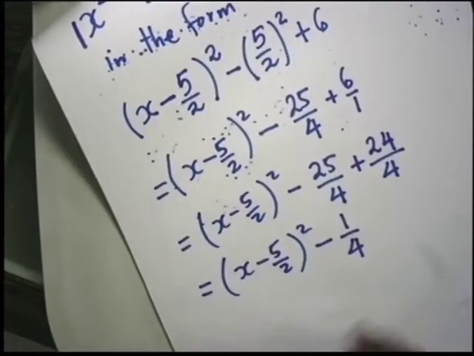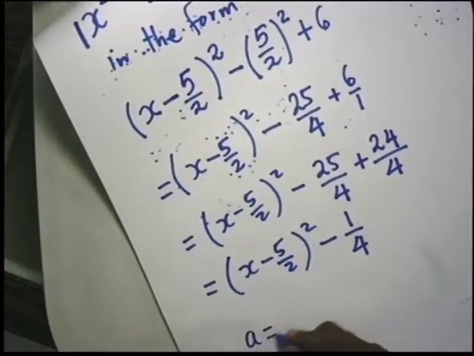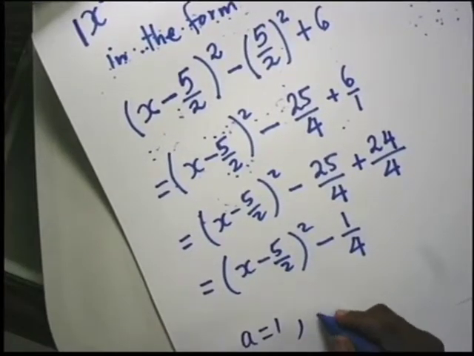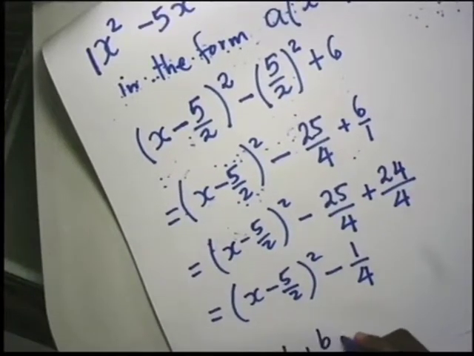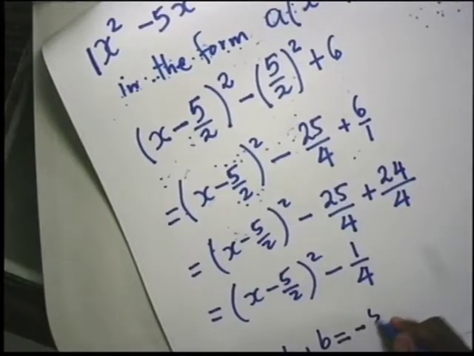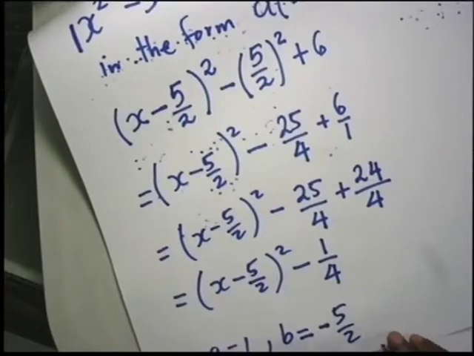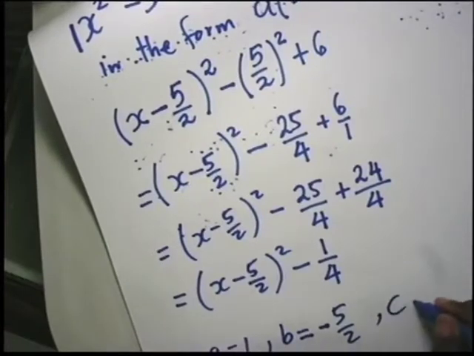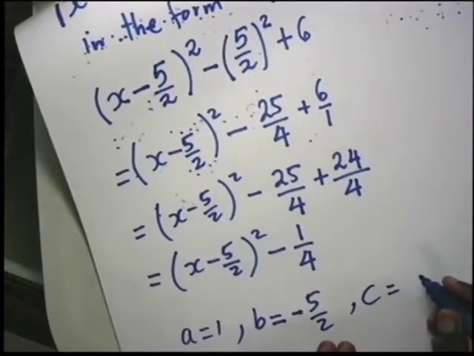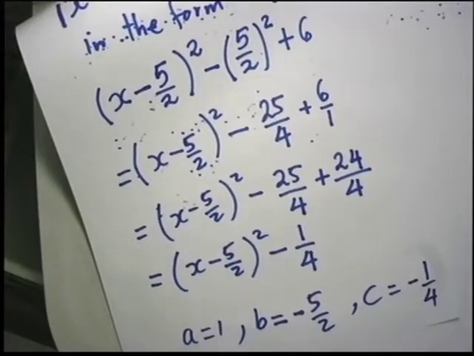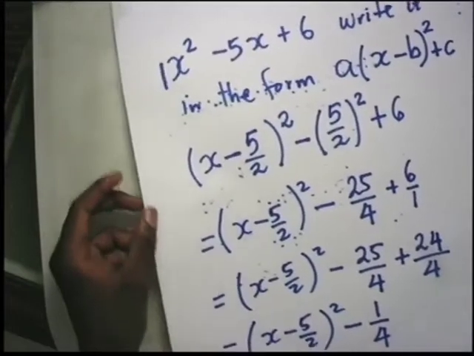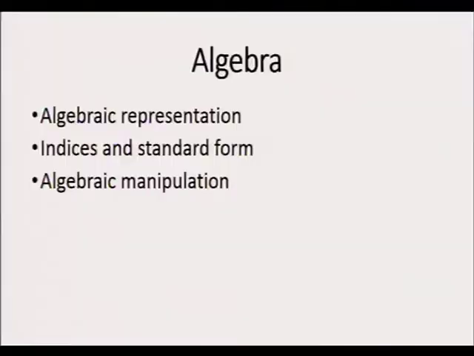And now our a is equal to 1, our b is equal to negative 5 over 2, and our c is equal to negative 1 over 4. So you are done. Those are the steps that you follow when you are completing the square.